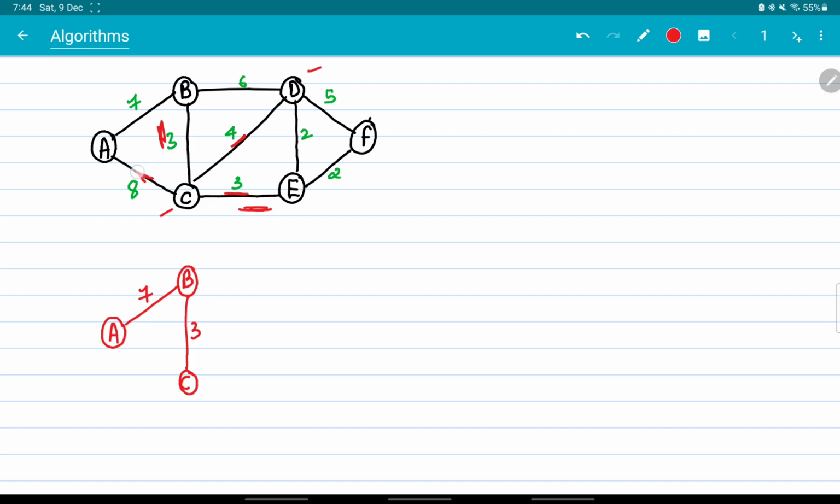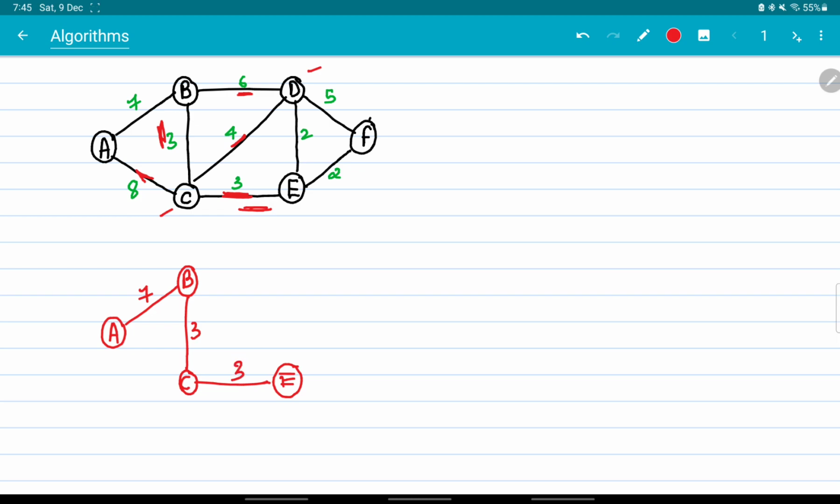Similarly, when A is attached to C, the value is 8, right? And then when B is attached to D, the value is 6. So out of these 8, 3, 4, 6 and all, which is the smallest number? 3 is the smallest number. So that is when C is attached to E. So I'll be attaching C to E and I will put its cost as 3, right?